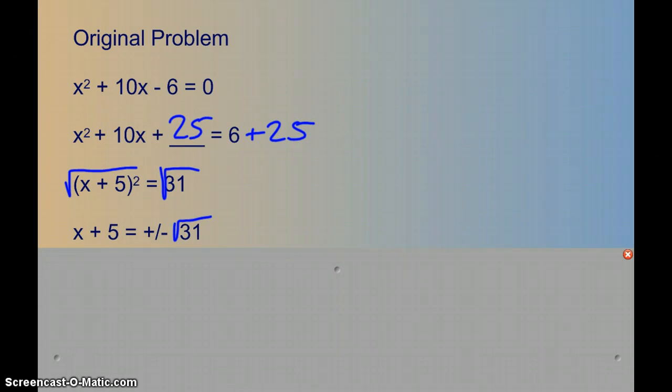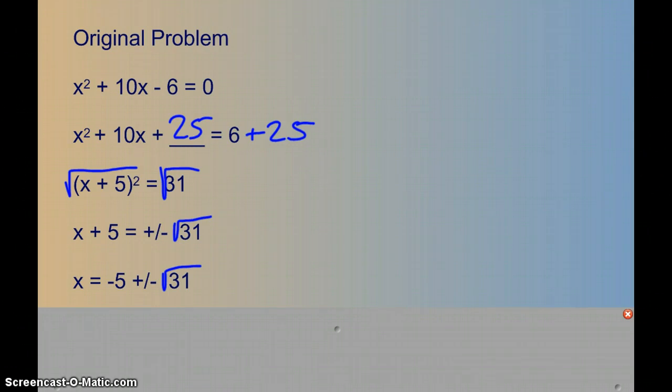And so now finally, in order to finish the problem, I have to get rid of plus 5. So I have to subtract 5 from both sides. However, as we know from our radical unit, I can't add a radical and a number, so I simply move the -5 over to the right side, and we usually put it in front of the plus or minus 31, so that way it looks like a single operation problem.